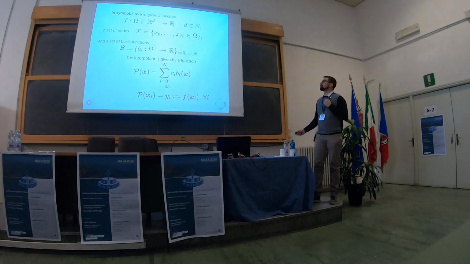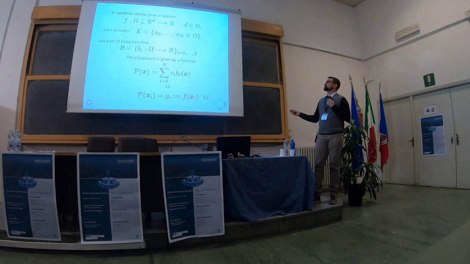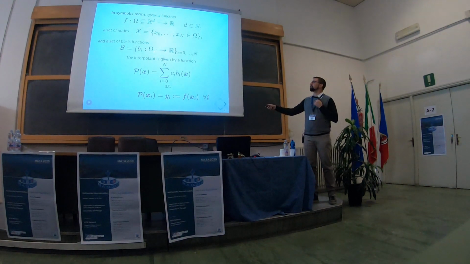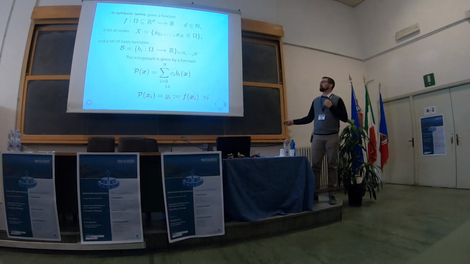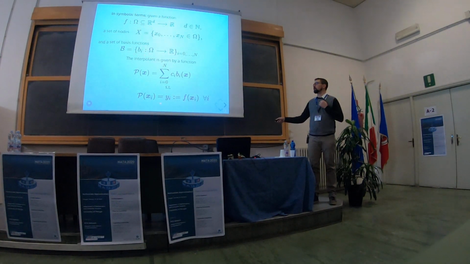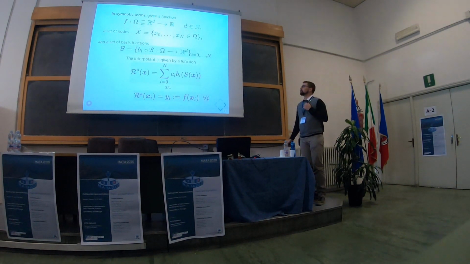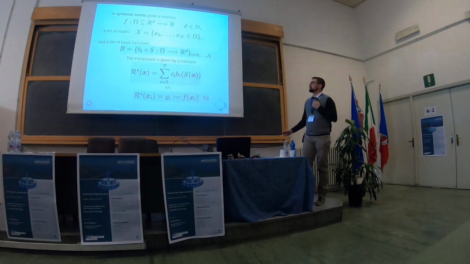Suppose that we have a function and some samples of that function on a set of nodes and a set of basis functions, and we define as usual the interpolating function as this one under this condition, so nothing too new. What do we do using fake nodes is this.